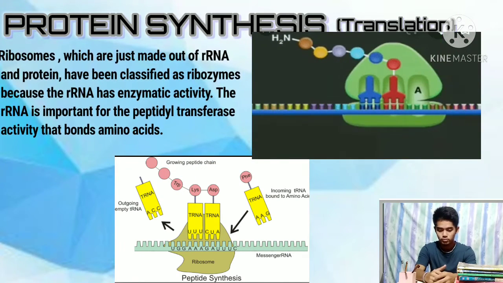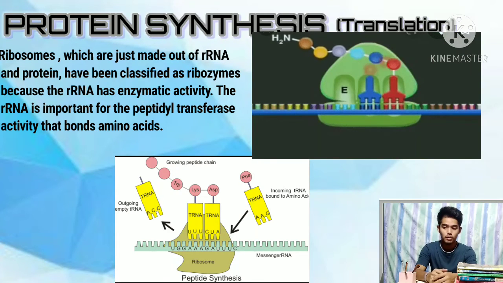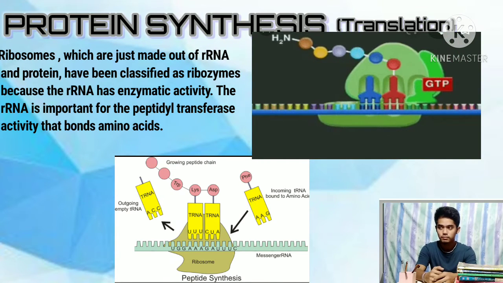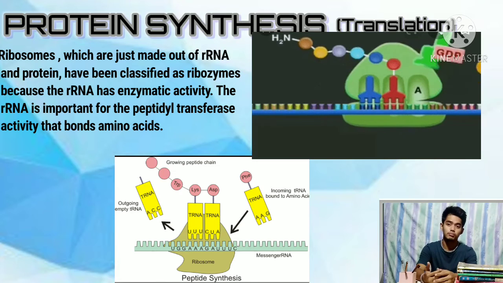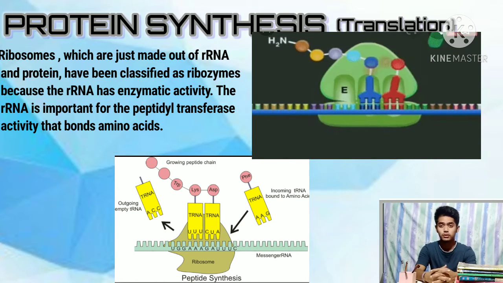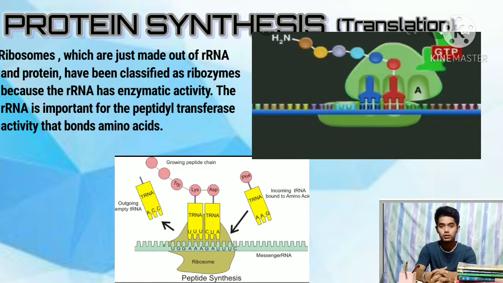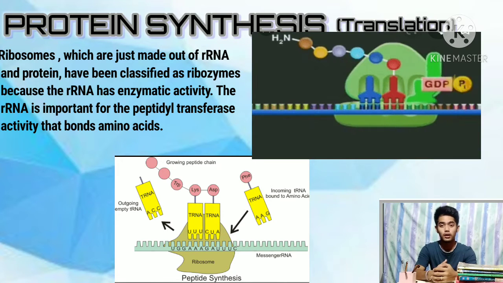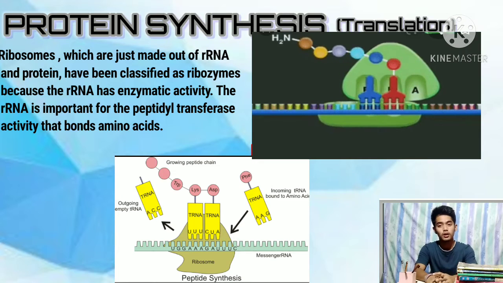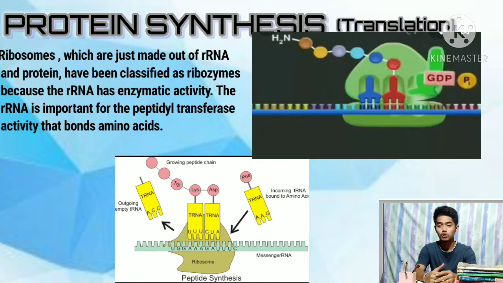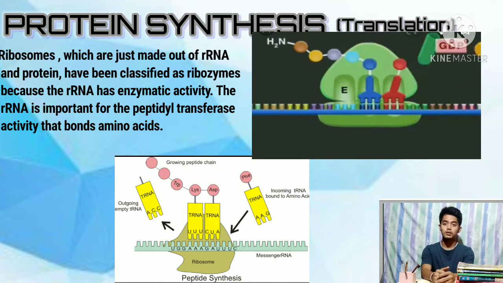Ribosomes, which are made up of rRNA and protein, have been classified as ribozymes because the rRNA has enzymatic activity. The rRNA is important for the peptide transferase activity that bonds amino acids.